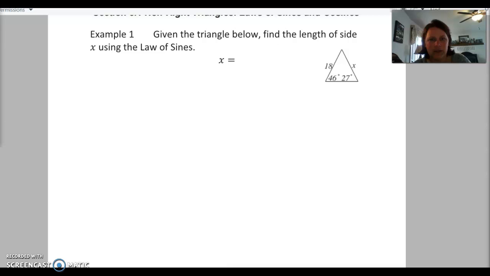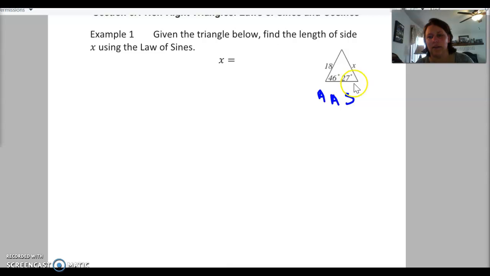So moving on to example 1, we have: given the triangle below, find the length of side x using the law of sines. So let's look at the information that we're given. We are given an angle and a side. So that is one of the types of triangles that we can use the law of sines for. I'm going to start off with my paired sides.